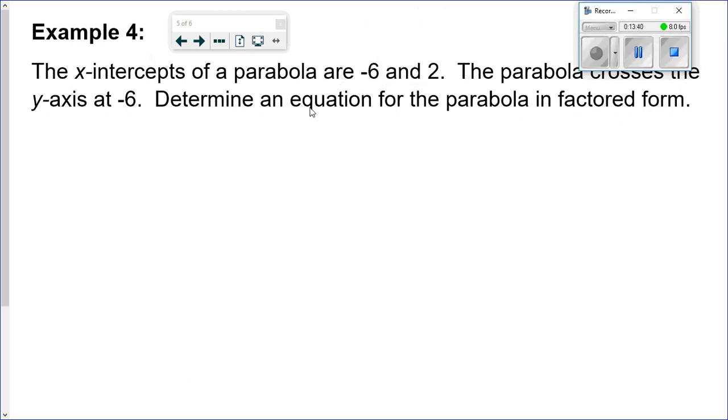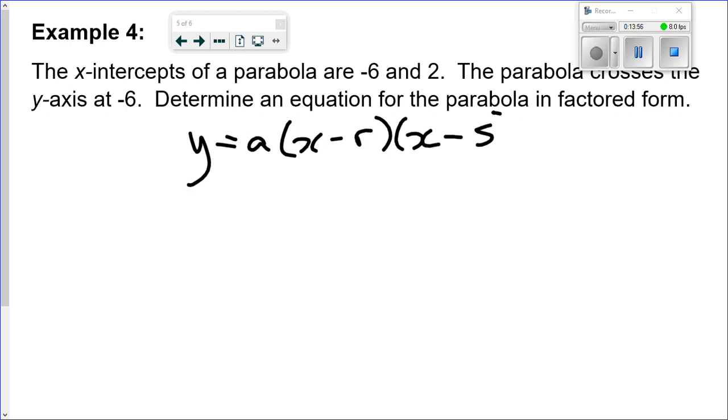All right, x-intercepts of a parabola are -6 and 2. The parabola crosses the x-axis at -6. So we're going to try pretty much doing the same thing. Difference is that our information is coming from a different source. So we got to get used to interpreting what we have. So the x-intercepts are -6 and -2. So it means we know this.